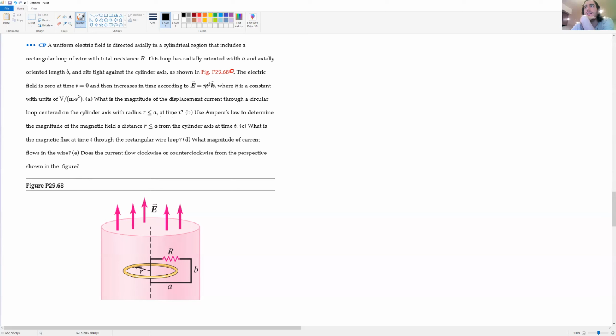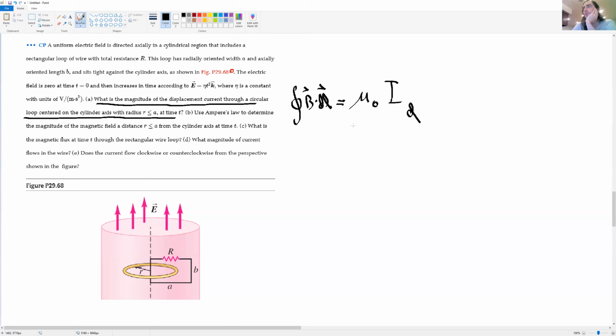So to find the displacement current, which is the first part, through a circular loop centered on the cylinder axis at time t, displacement current is the Maxwell term in Ampere's law, mu 0 I_D. So we have Ampere's law, the integral of B dot dl equals mu 0.